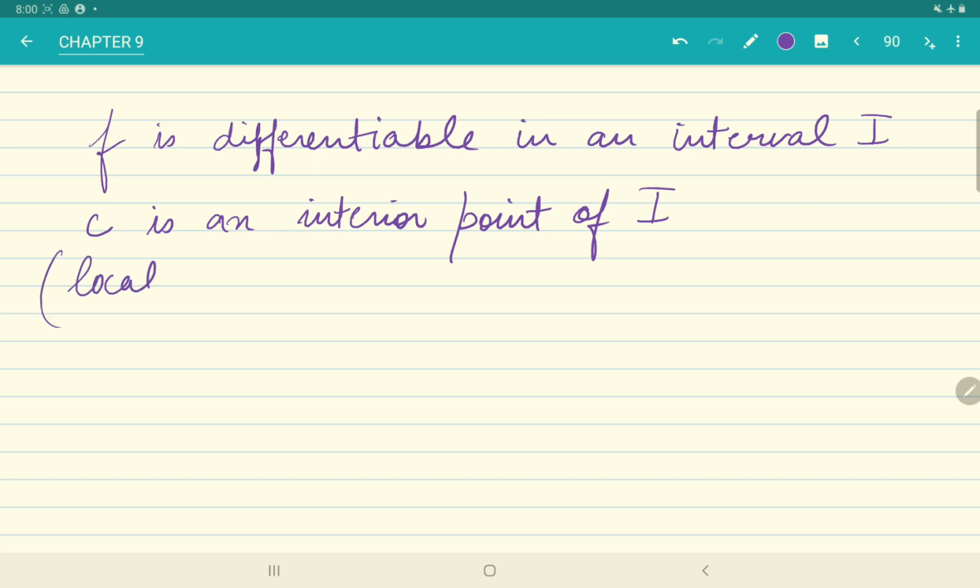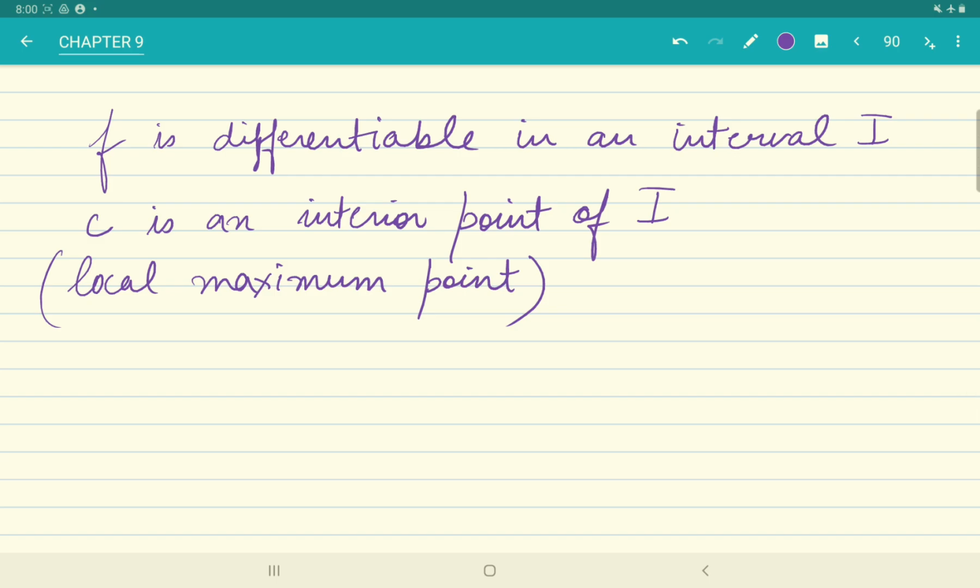We already know that it is a local maximum point. Obviously it's a stationary point, but we also know that it is a local maximum point. So C is a local maximum point.